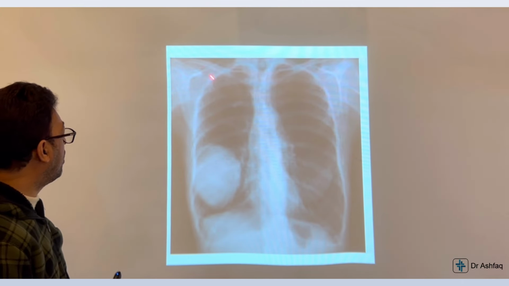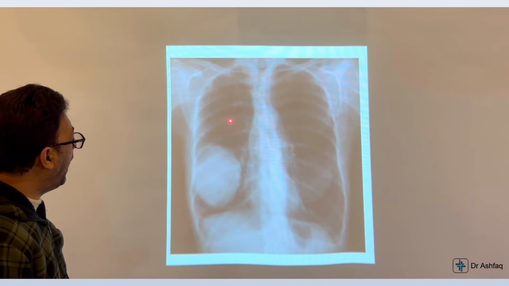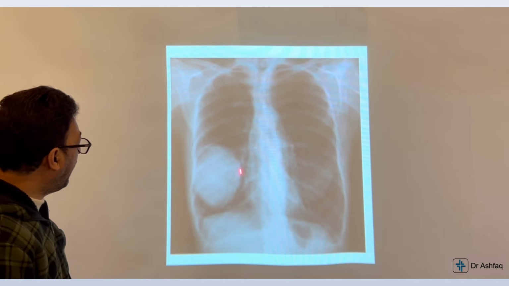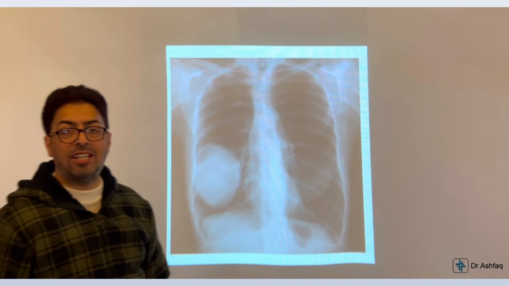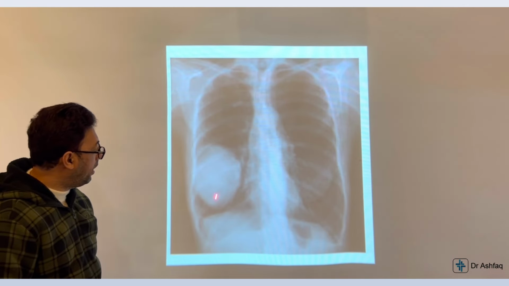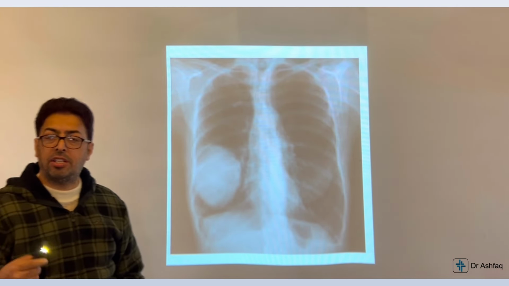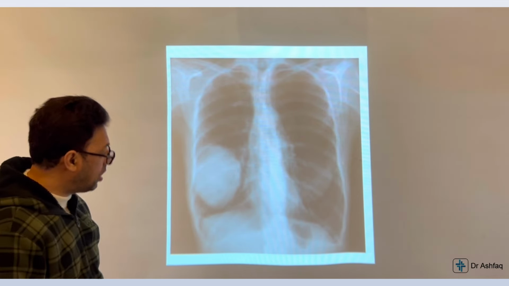These are the clavicles, and over here you can see the blackness of the lungs. The black area represents the air. The blackness of the lungs is obscured by a mass lesion over here, and that is the lung cancer. You can see this is a very big lesion, and this might be indicative of a mass lesion in the lungs, which is lung cancer.